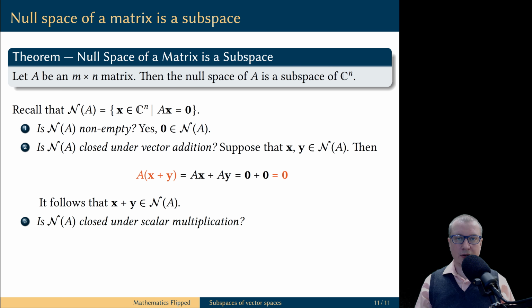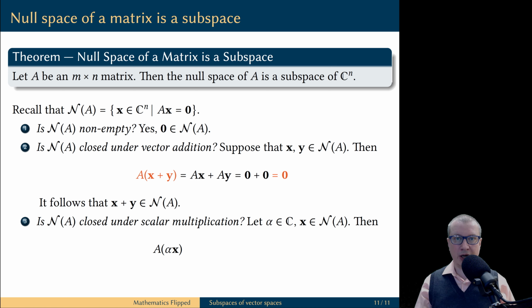Finally, is it closed under scalar multiplication? Let's take any vector x from the null space of A and any scalar alpha. We'd like to check if the scalar multiple alpha x is in the null space. For this, we consider the following matrix vector product.